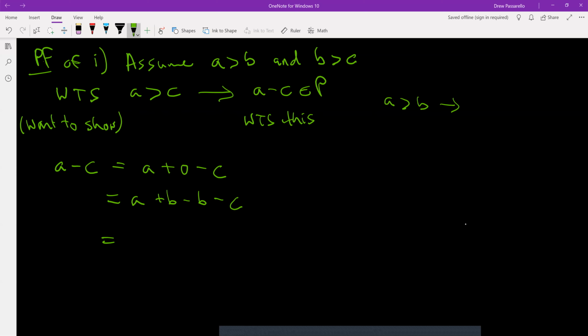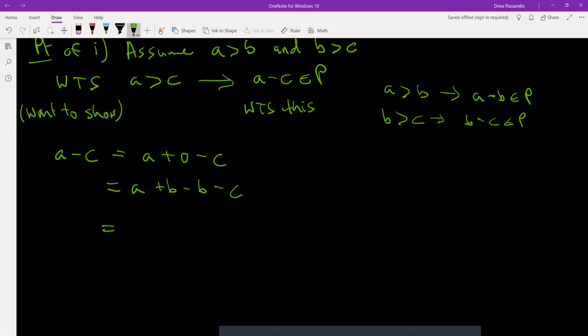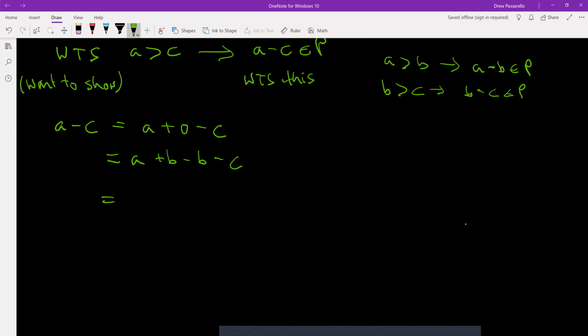Well, that means A minus B is an element of P. And B greater than C means B minus C is an element of P. By commutativity, I can switch the order, since A plus negative B is A minus B, so that I have A minus B and then B minus C.